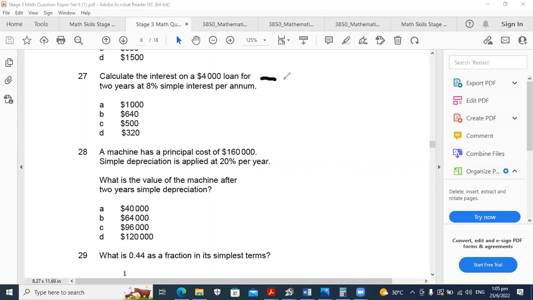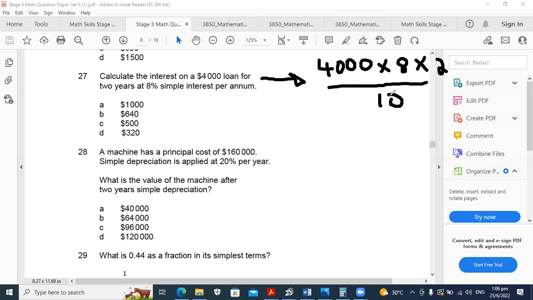We have to use a formula for this one, not true? Yes, sir. So it's PRT divided by 100.